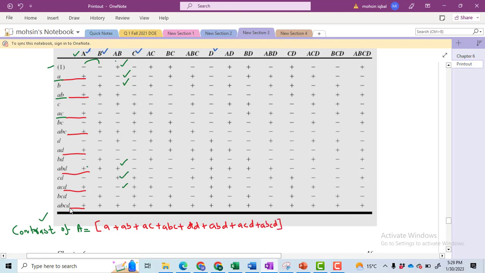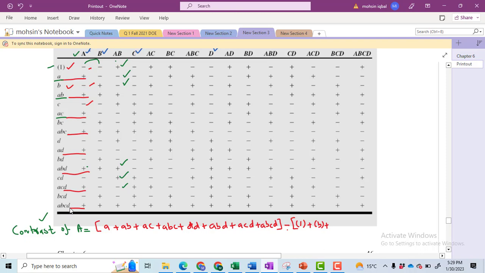So these are the 8 terms. Then put the minus sign, again a bracket. Then write the terms that have a minus sign, just like 1, B. All of these terms have a minus sign associated with them, so I have taken the minus sign from all of them as a common.